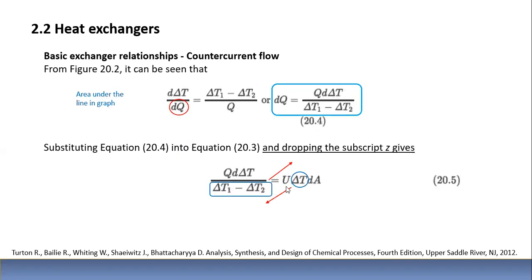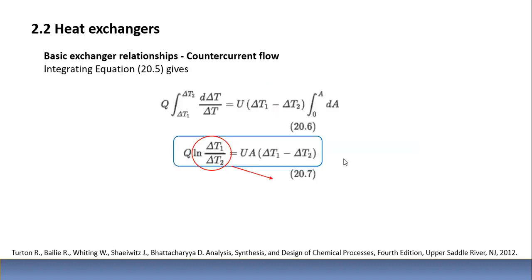You can also see that the subscript Z has been dropped from the overall heat transfer coefficient and also from delta T. So now this expression is equal to U delta T dA. Very good. If this is moved around, these two go to the numerator on the right-hand side and this one goes to the denominator on the left-hand side, and it's going to look something like this.